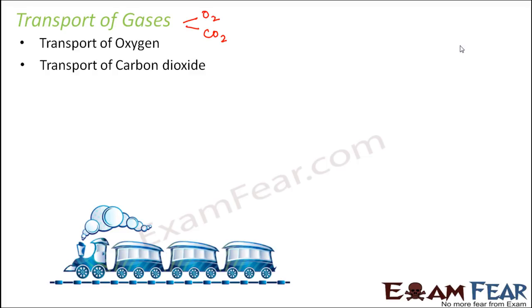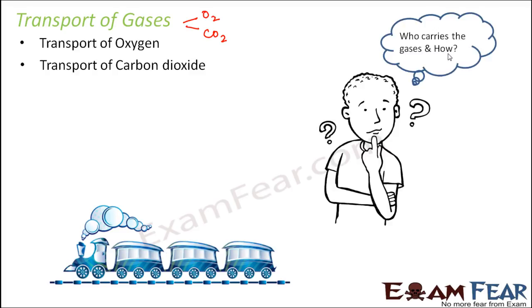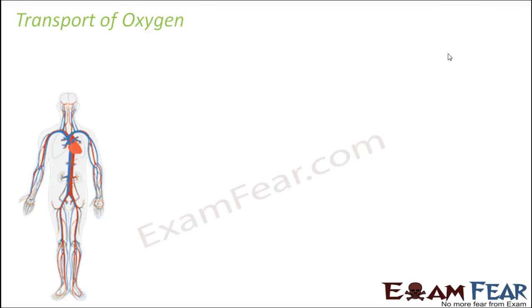That is what we have to see in this topic. So now the question is, who carries the gases? What is there in the blood which actually carries these gases like oxygen and carbon dioxide, and how? Before we understand how, we actually need to know who carries them. So first we will talk about transport of oxygen.